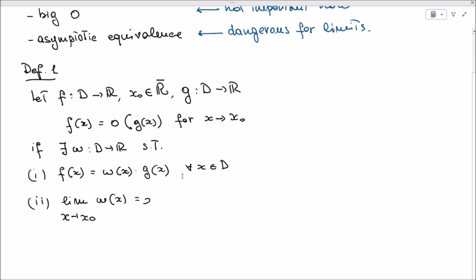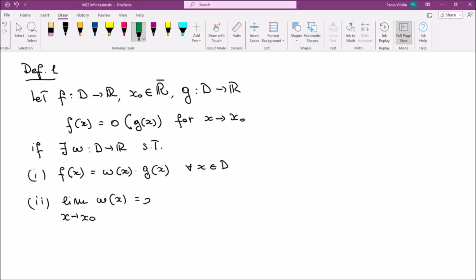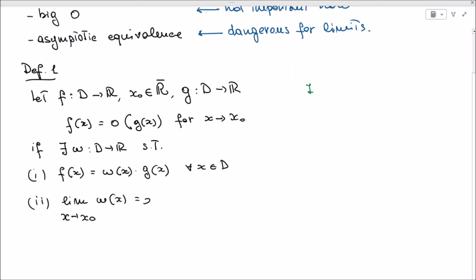Now, notice something. If g of x tends to 0, then f of x tends to 0 more.